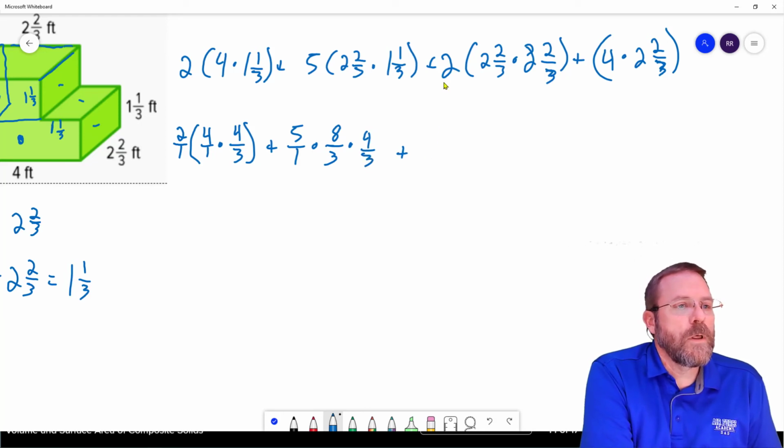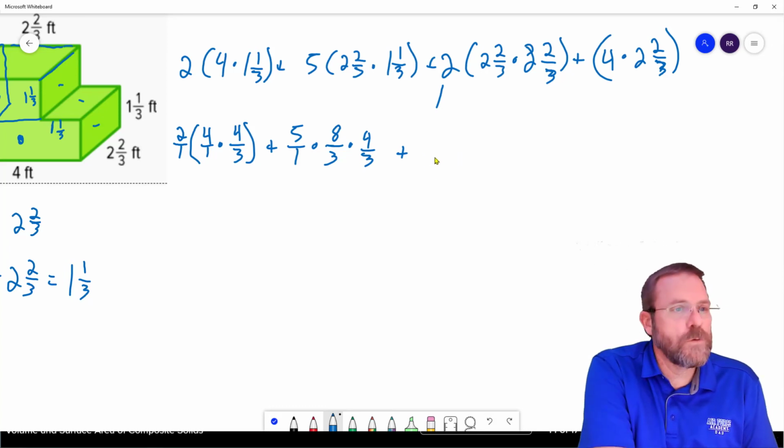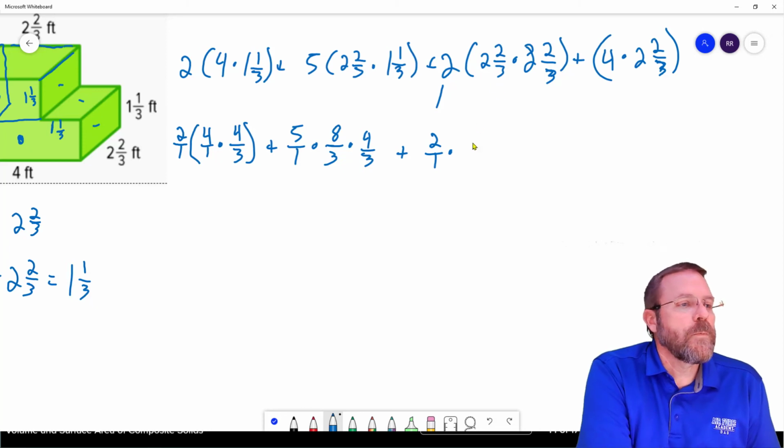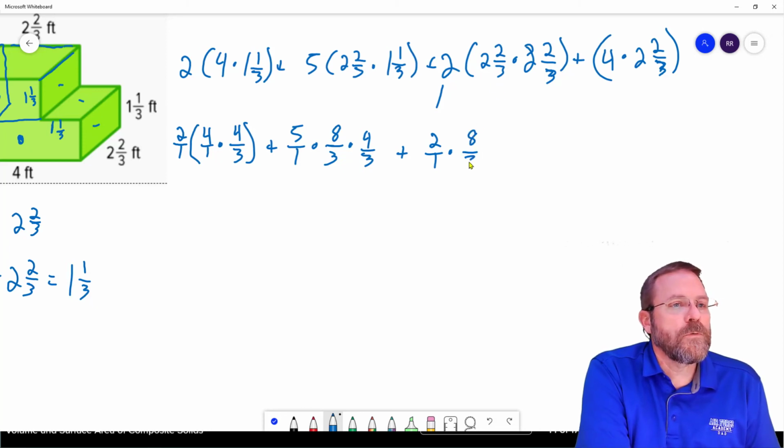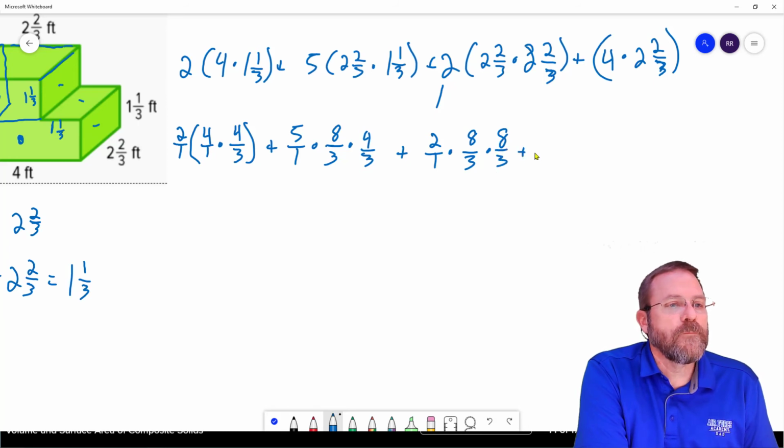Next it's going to be plus, this 2 is going to come down next, and we'll call that a 2 over 1 again, 2 over 1 times, and we're going to have 8/3 like we found before, and 8/3 again. And then finally, this one right here is what we're working on, 4 over 1 times 8 over 3 again.